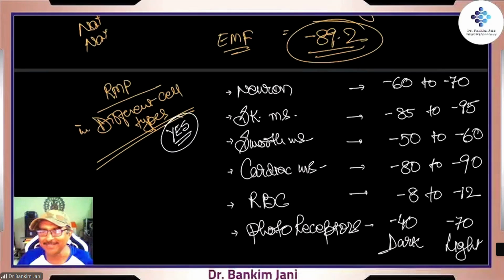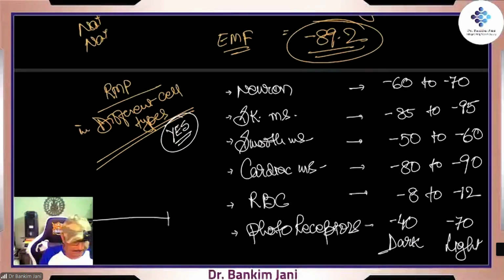Say this is a timeline, right? This is 0. So minus 40 would come here and minus 70 would come here, and here it is plus.